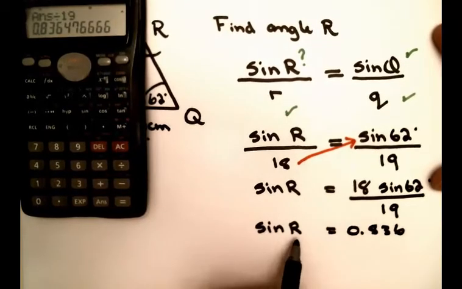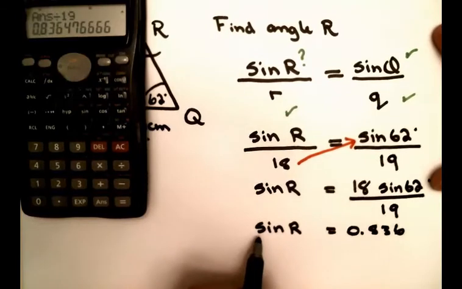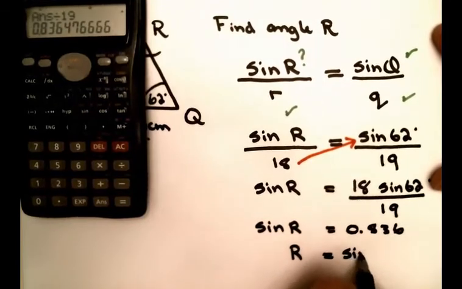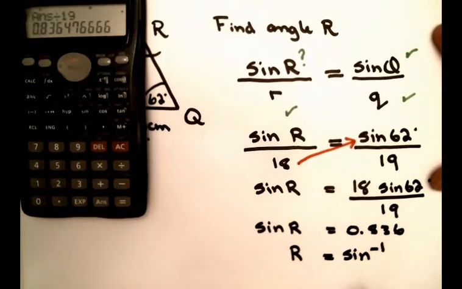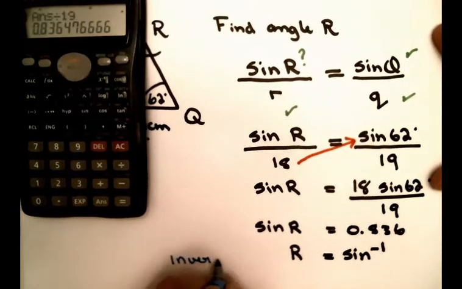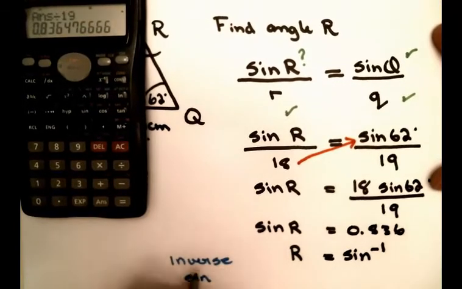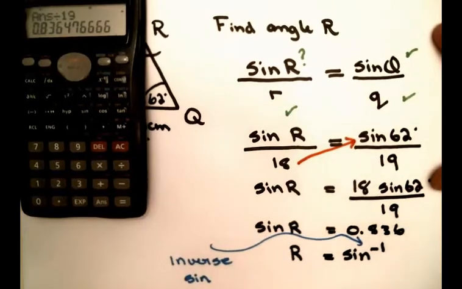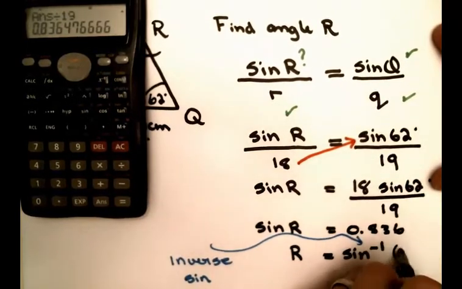Now, how do we unlock angle r? Well, we've seen this in previous lessons. If we want to unlock r from sine r, we have to take the inverse sine. So sine to the -1 there, that step there is the inverse sine. That's what we're doing here. And we take the inverse sine of 0.836.